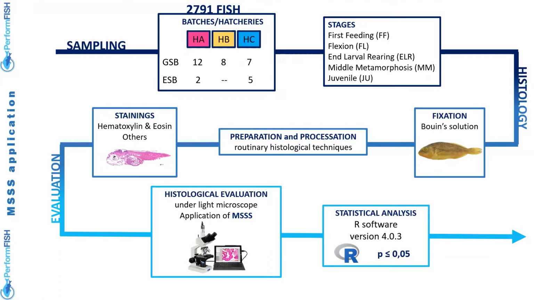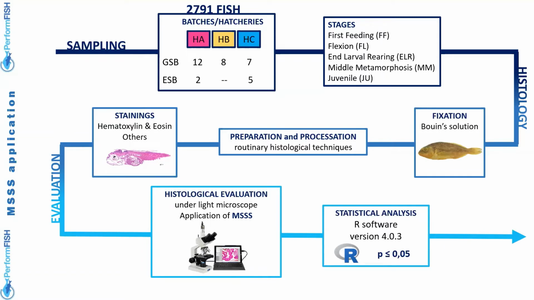For the application of the semi-quantitative scoring system, we always use the slide stained with hematoxylin and eosin, but of course we also use other stains in some cases to confirm some particular histological configuration.